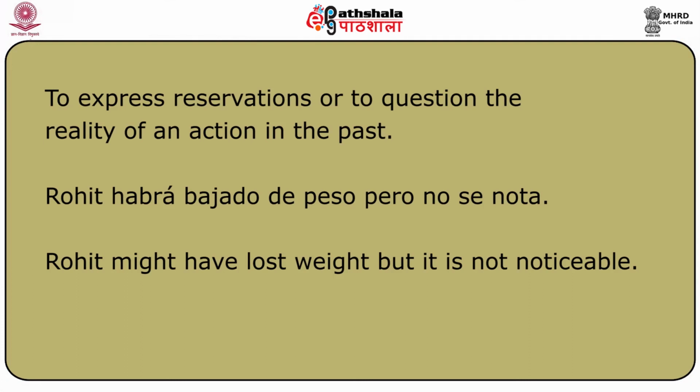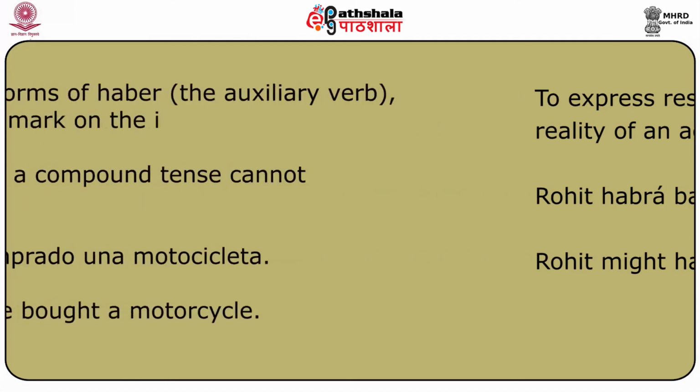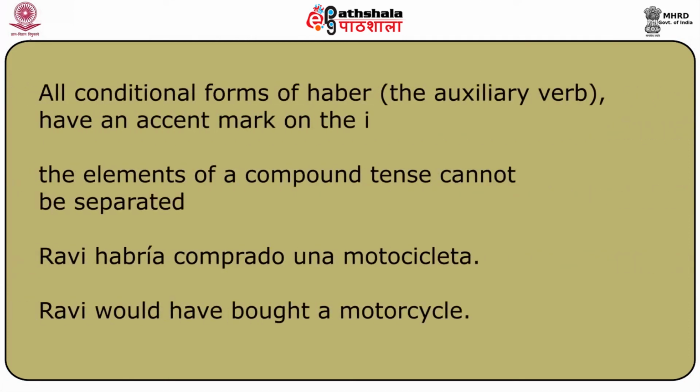So we have to keep in mind that all conditional forms of haber, the auxiliary verb, have an accent mark on the i. And secondly, the elements of a compound tense cannot be separated.